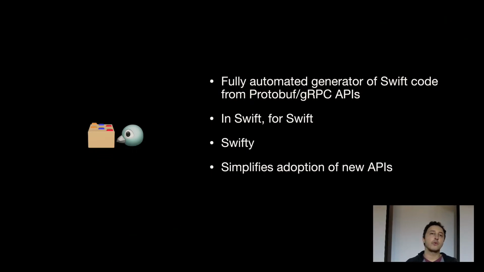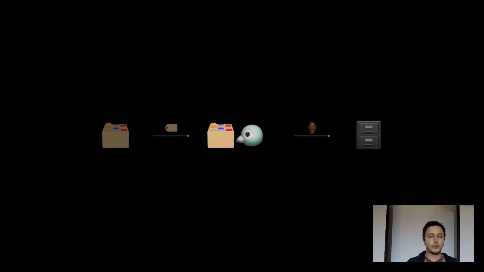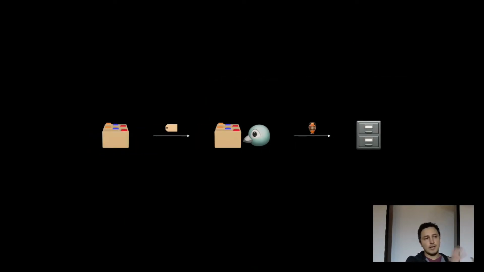The way we deal with things is that we generate XCFrameworks out of our APIs. So in the grand scheme of things, we receive tags from our APIs, which signify that there was a change in one or two or more libraries in APIs.